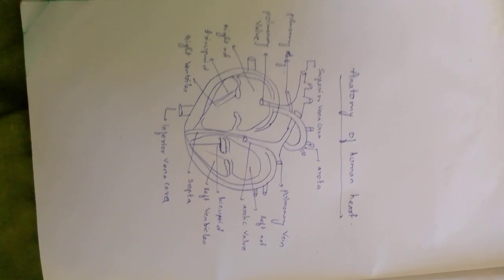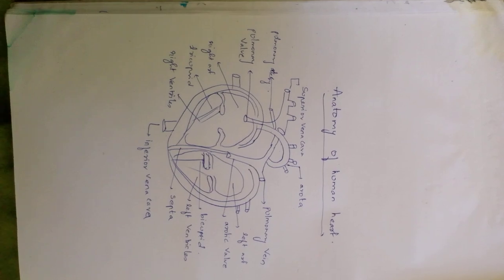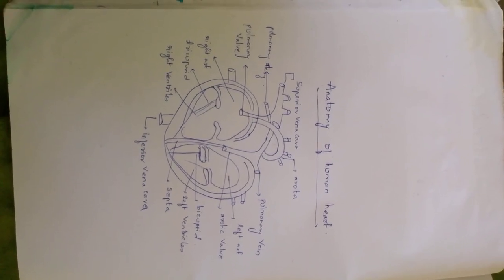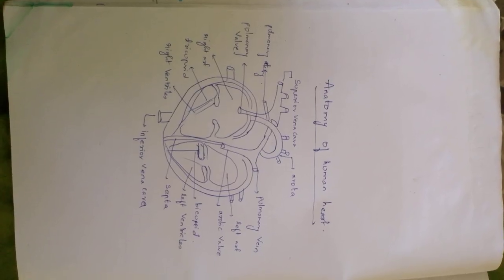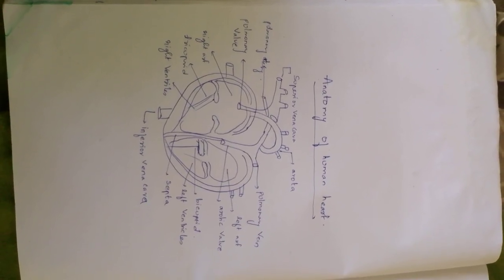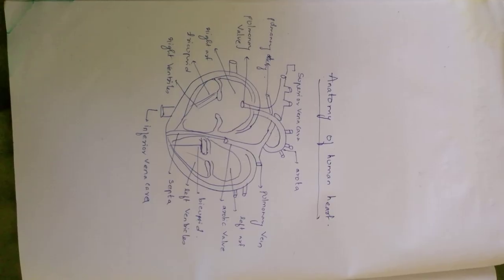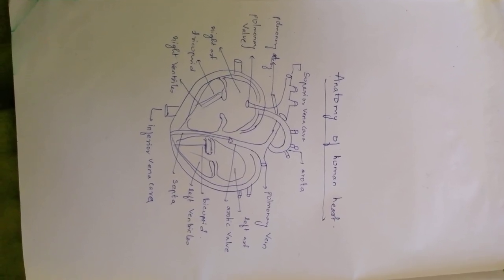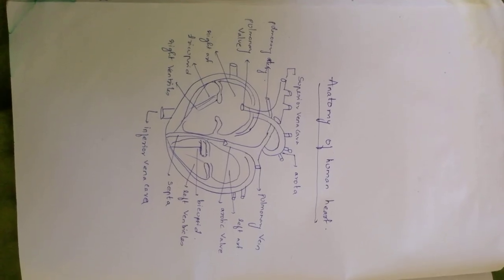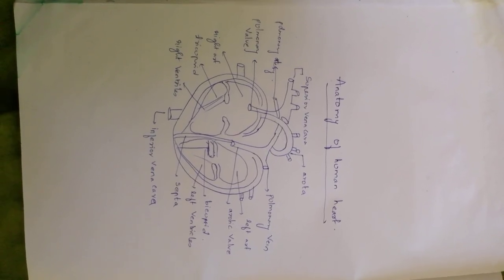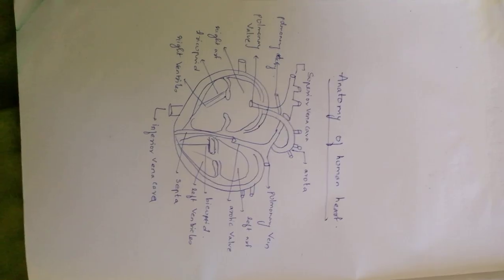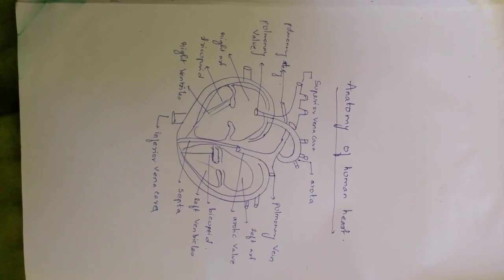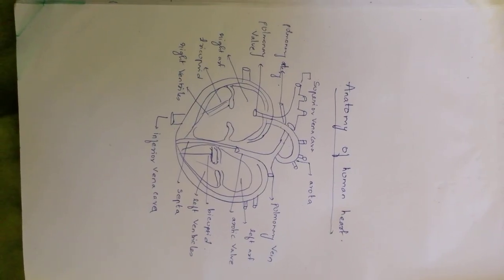The human heart is located in the mid part of the chest, mostly retrosternal. The size is fixed, and the location I told you. The shape of the heart is conical, with a base and an apex, and the weight of the human heart is 250 to 300 grams.